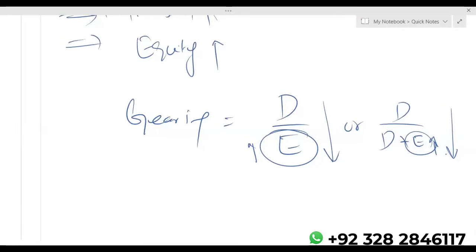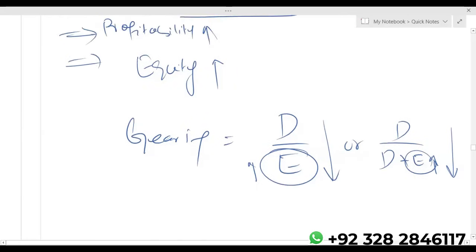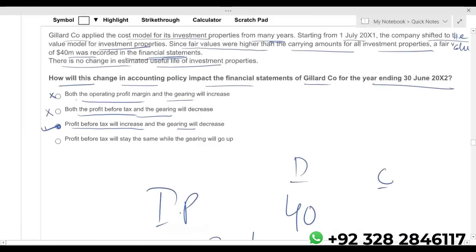When your equity is increasing, the debt to equity ratio will not increase, it will decrease. I hope it is clear to everyone. Please reply. Students, I'm waiting. So which option? The answer is C.